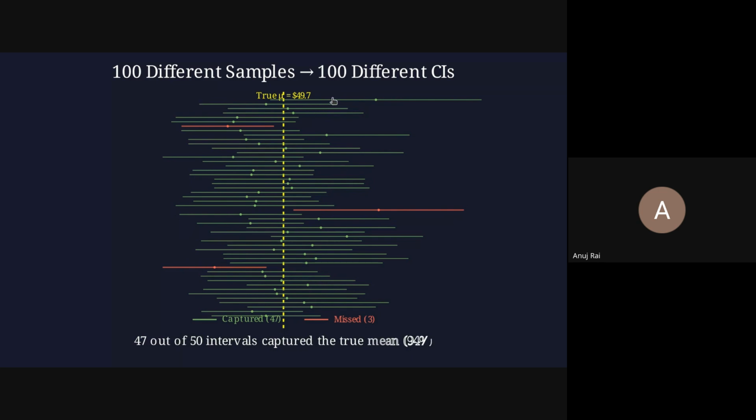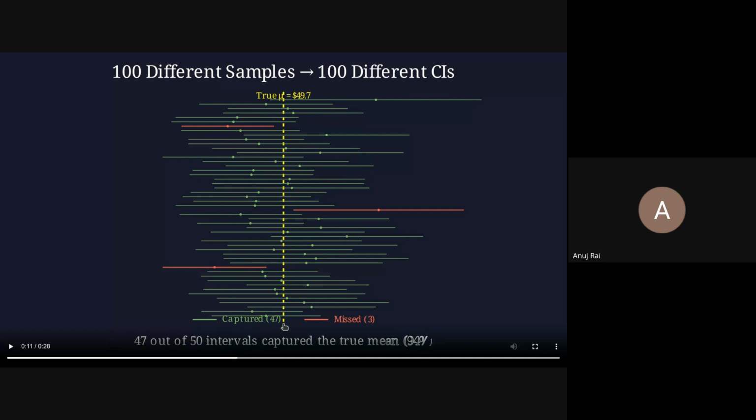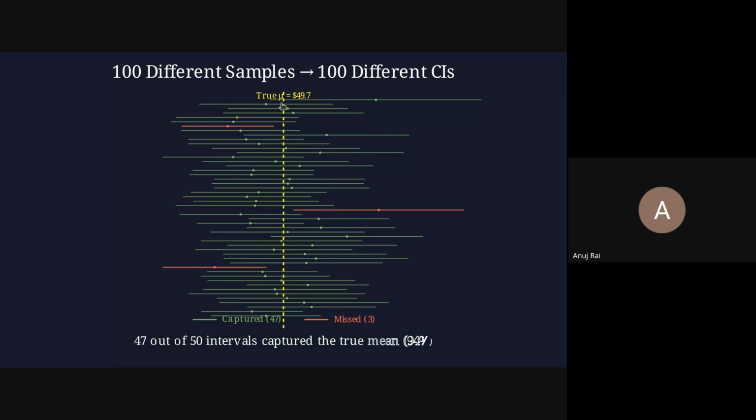This is the confidence interval of different samples. Each bar represents the confidence interval for a different sample. Here you can see this is the true mean, and here the bar is capturing the true mean.